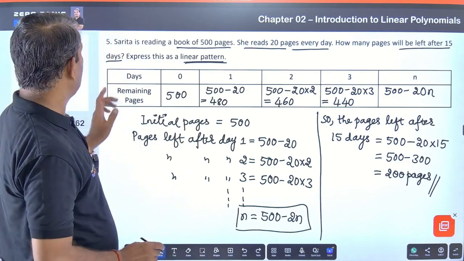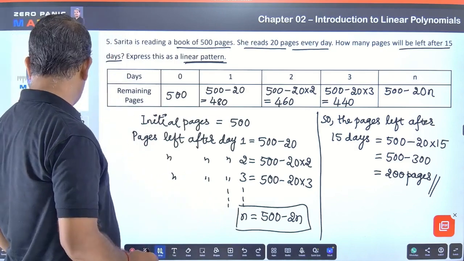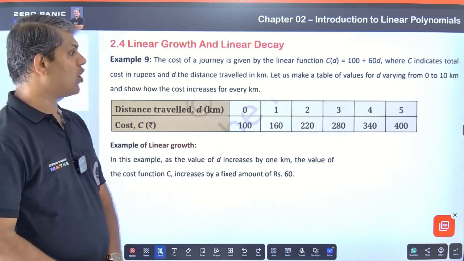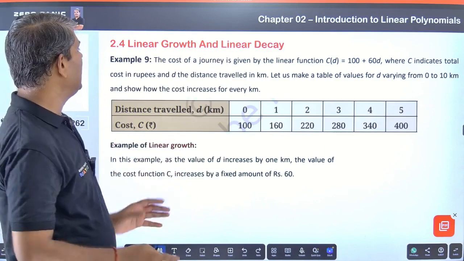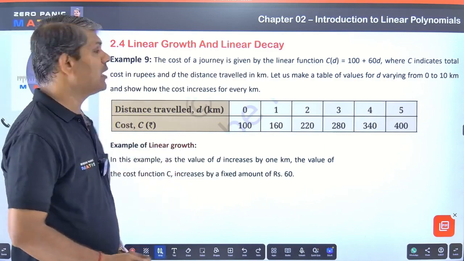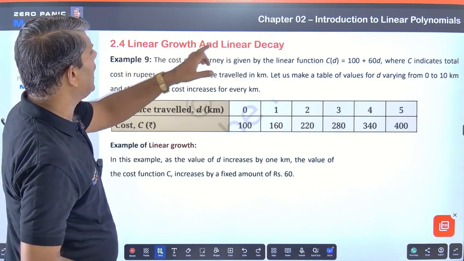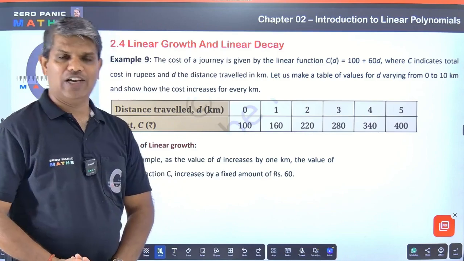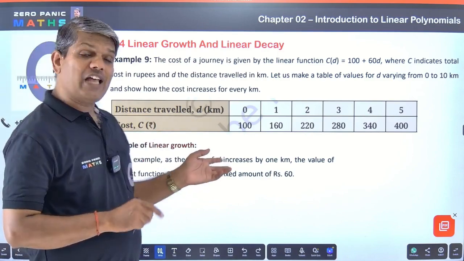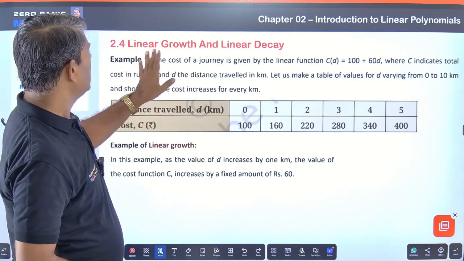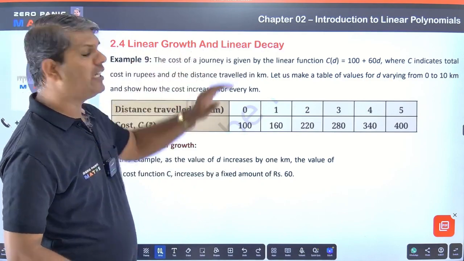So hope this is the last problem in this concept. That was the last problem on identifying linear patterns in linear polynomials. Now the next concept is linear growth and linear decay. In all the problems that we have discussed till now, we have already gone through the concept of linear growth and linear decay.